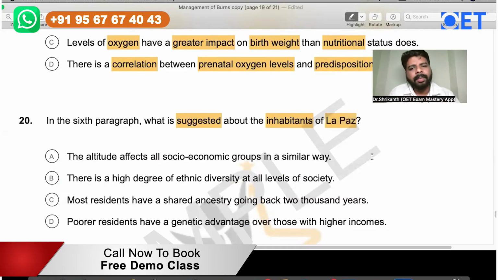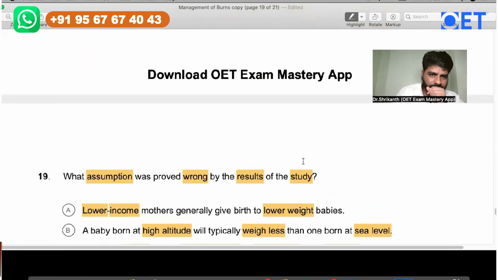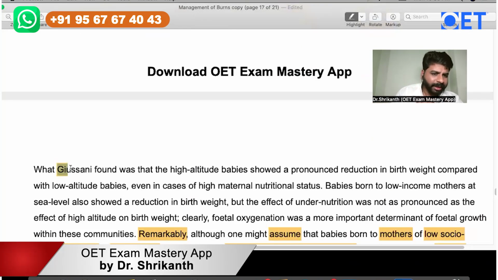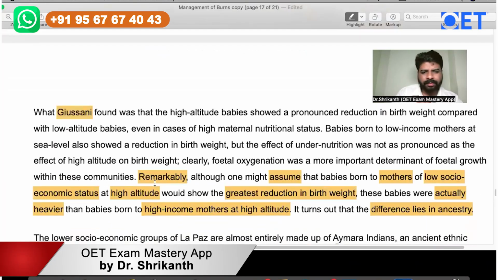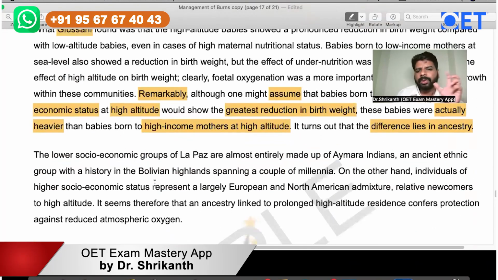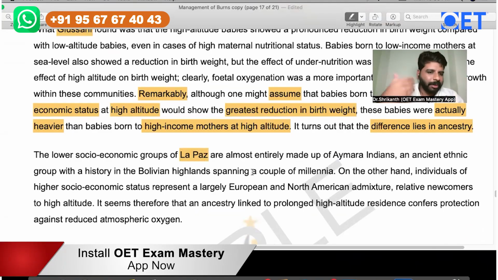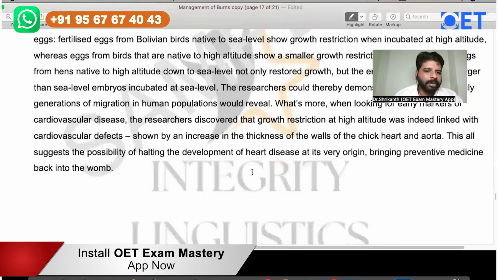One funny thing about OET and IELTS is that they use very funny names for people as well as places, for example Guzani here. This is something I have observed several times.